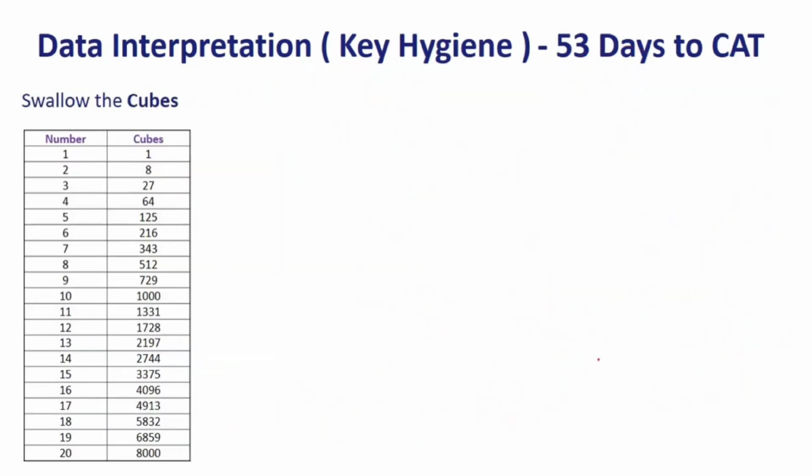Moving forward, let's swallow the cubes. We have to memorize the cubes at least till 12, but it's even better if you can remember till 20. It comes in handy in a lot of questions, in a lot of approximations that you do. For example, let's say you have to do 1.3 into 1.3 into 1.3.